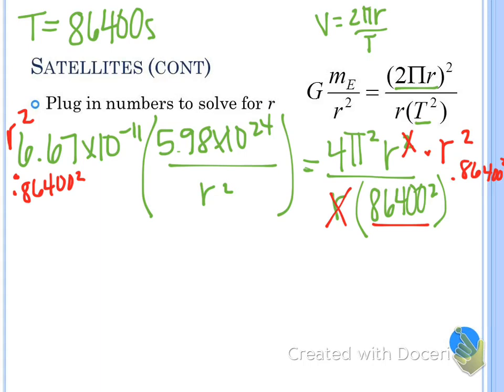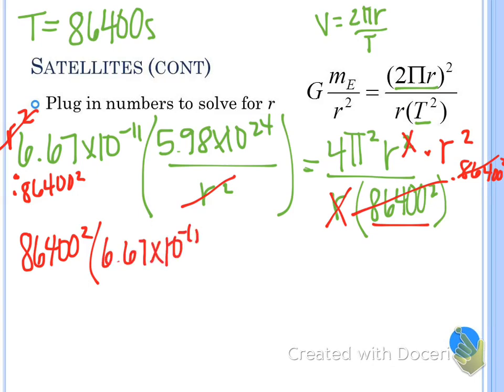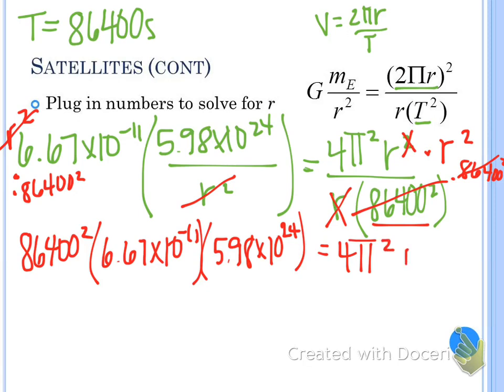So that at least leaves me with only numerators, which I like. 4 pi squared r times r squared, which, what is r times r squared?